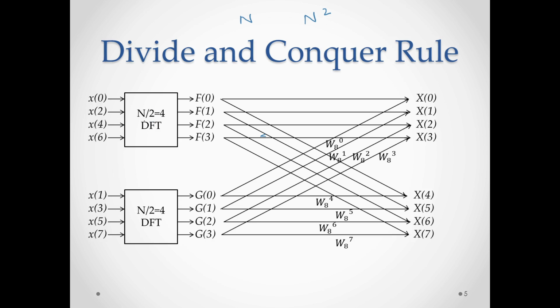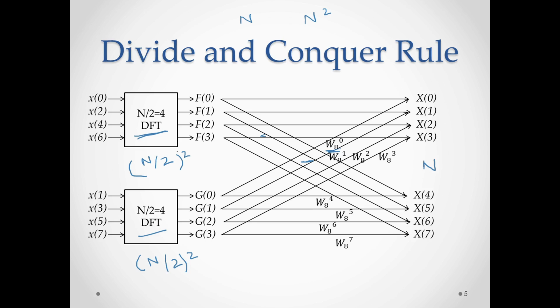As this is an n by 2-point DFT, our computation time for this block would be equal to n by 2 whole square, whereas the DFT for odd entries would also be n by 2 whole square. Additional time needed for complex computation would be for calculating these W8 terms, which would need an additional n number of complex computations.